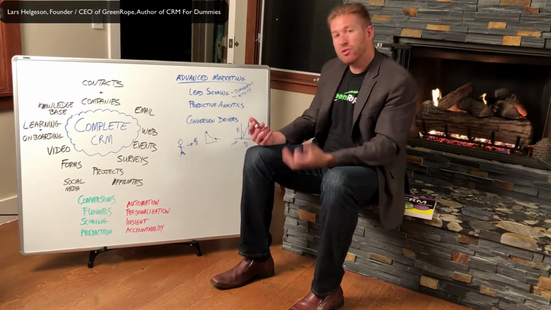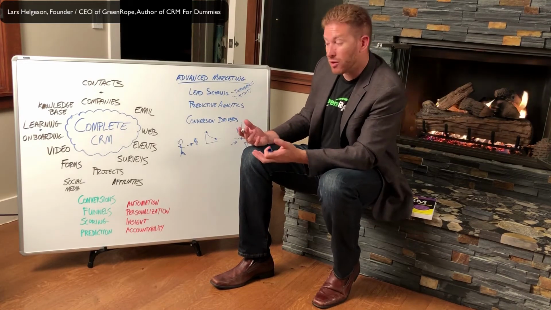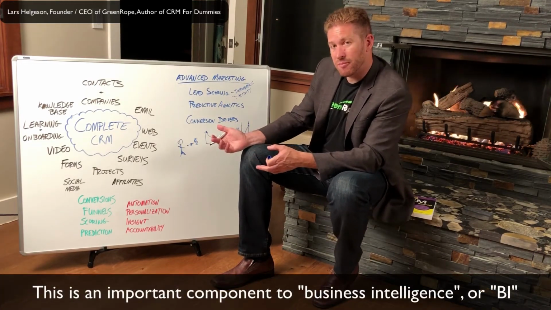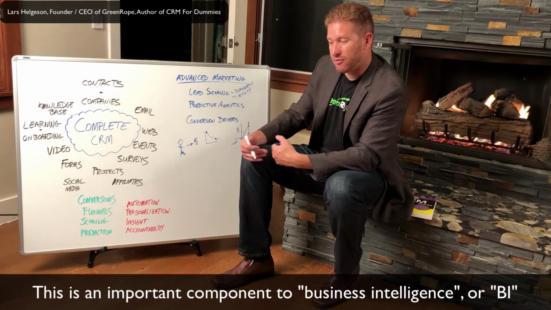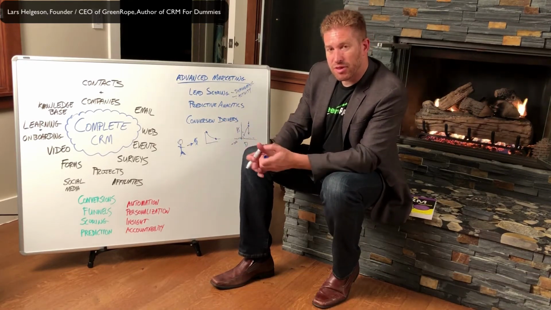Then what we learn from that is, what are the things that are actually driving people to convert? What are the things that are statistically correlated with someone becoming a customer? If we know that someone filling out a particular form has a very strong correlation with someone becoming a customer, there's something with that form.